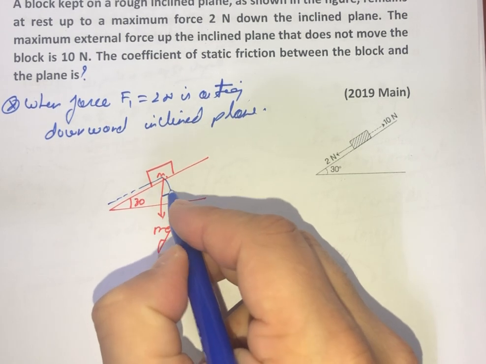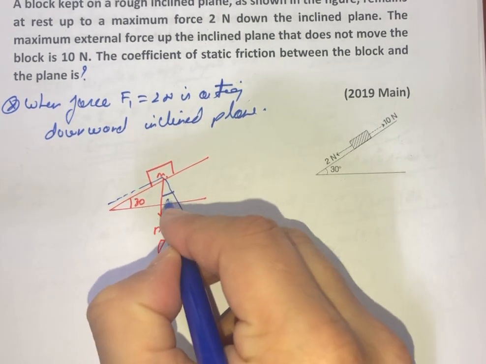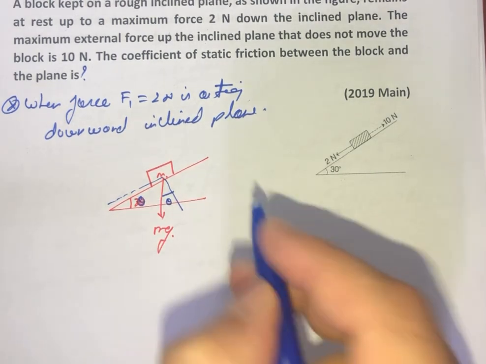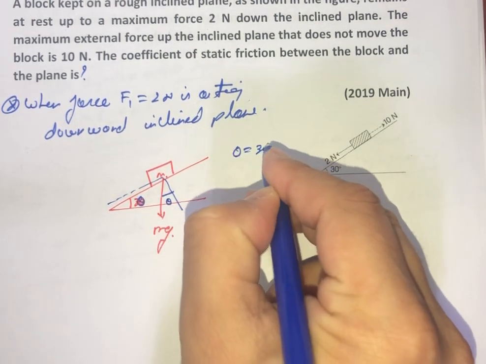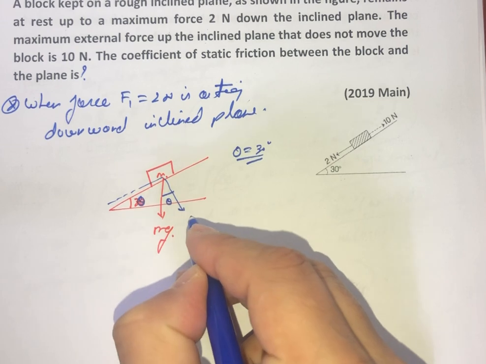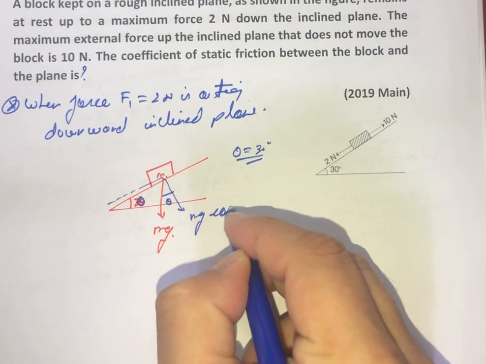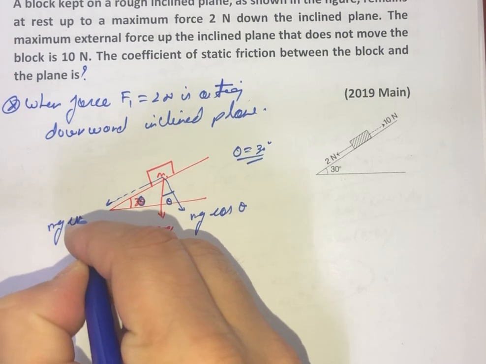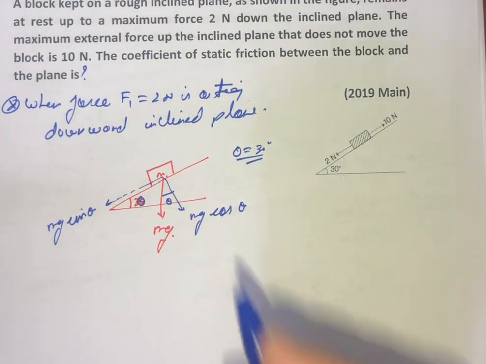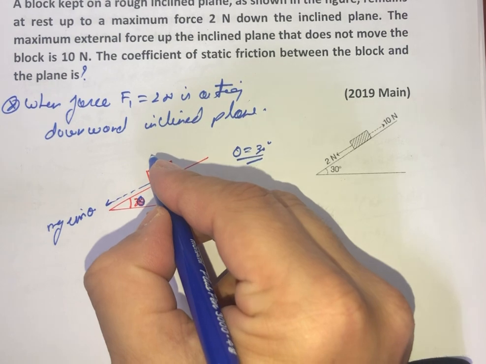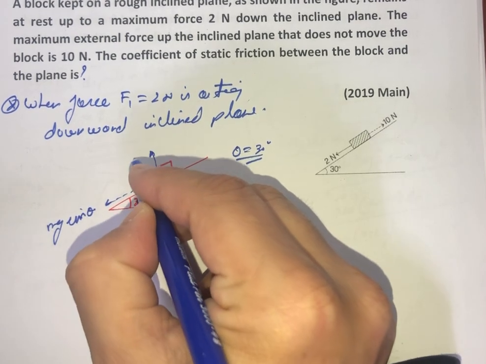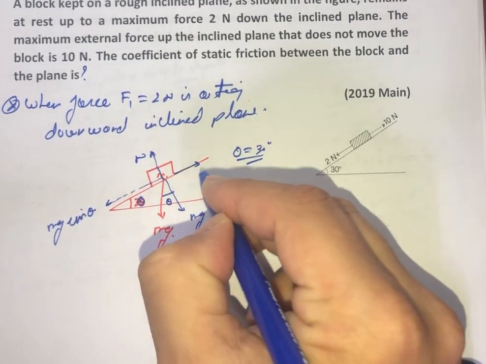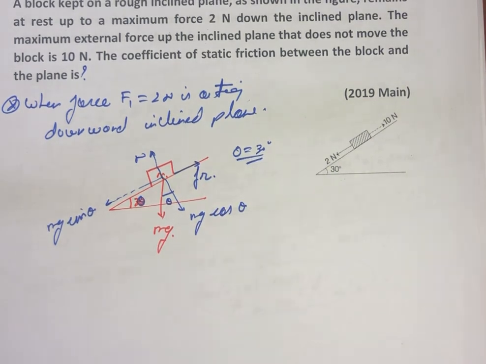This angle is, let us suppose, theta, where theta is 30, and we get mg cos theta, and we have this mg sin theta. There will be normal, and frictional force Fr will be acting in the upward direction.